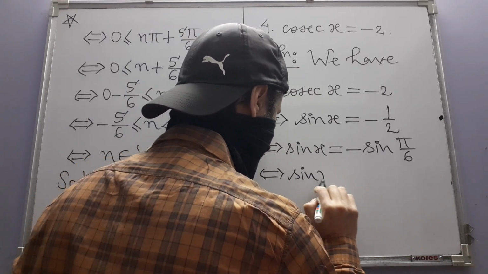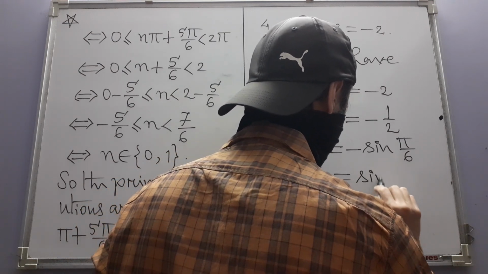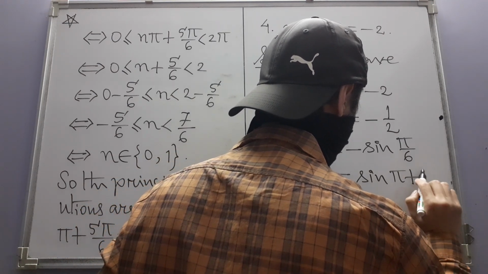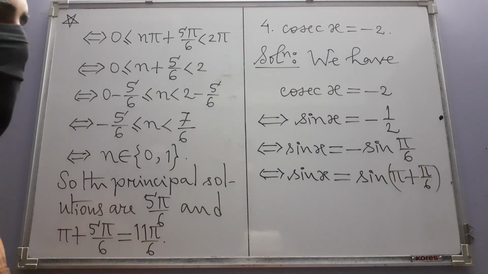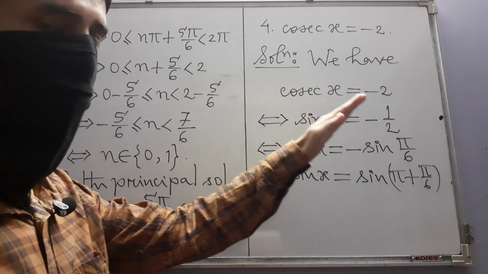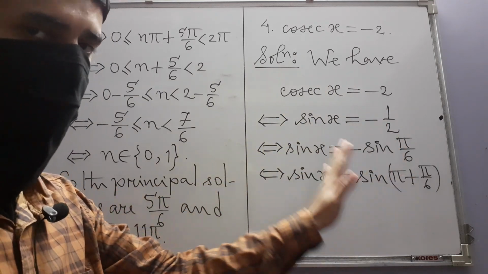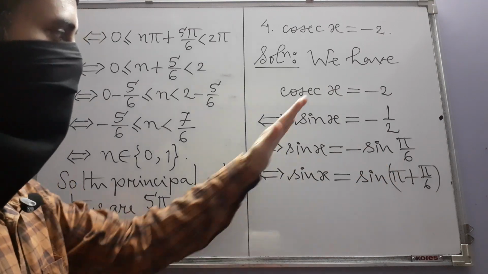And again, here we have to adjust things. How about sine of pi plus pi over 6? This is not an arbitrary choice. Recall that the sine of an acute angle, like any trigonometric function value for an acute angle, is positive.